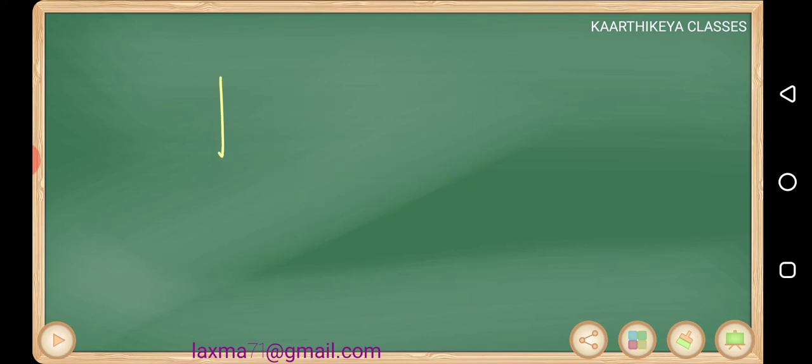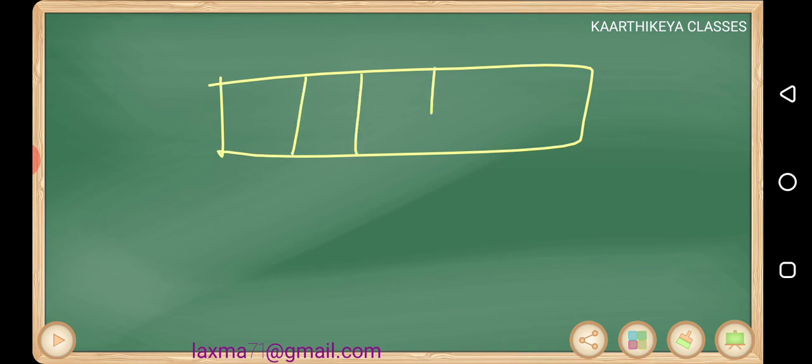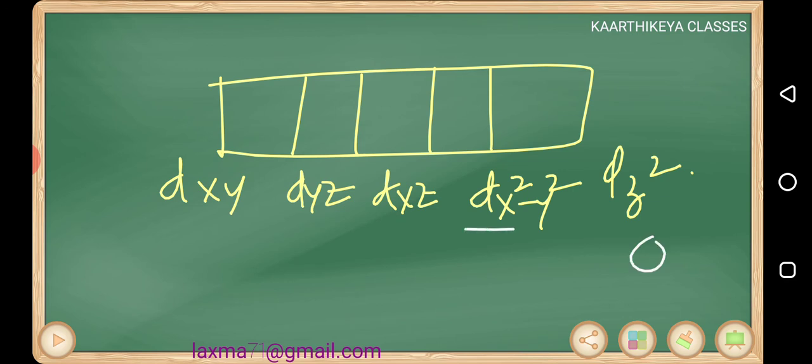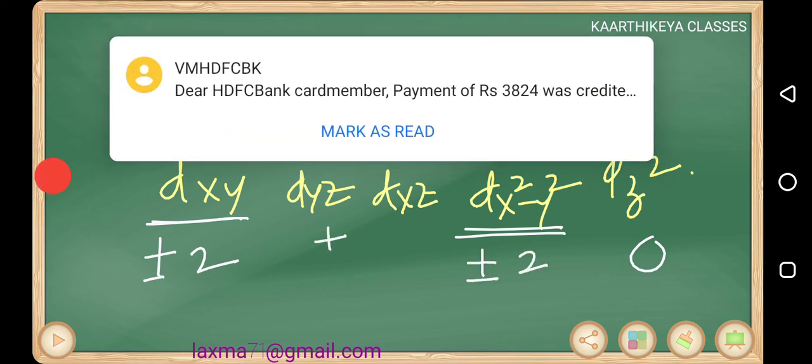If d orbitals are there, there will be 5 d orbitals: dxy, dyz, dxz, dx square minus y square and dz square. Generally for the dz square orbital we take m value 0. For x square minus y square and xy we take plus or minus 2. For these we will take plus or minus 1.